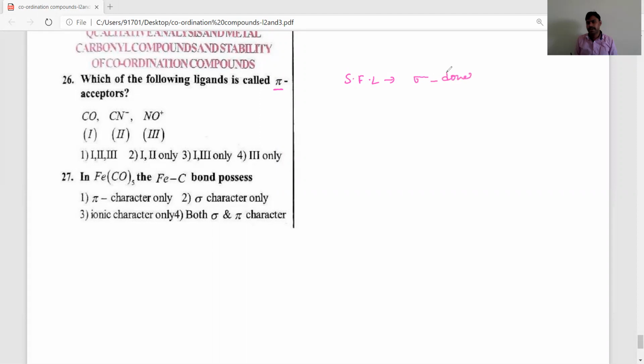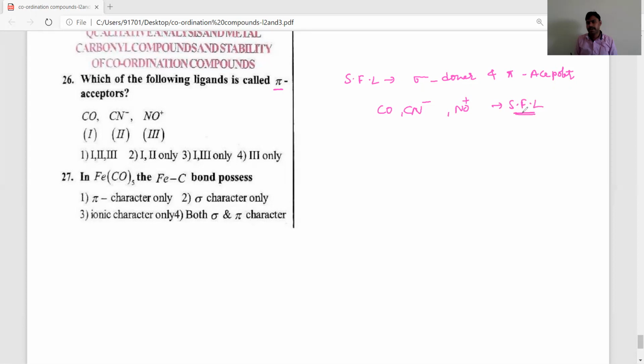Among them, CN, CO, CN minus and NO plus are all strong field ligands only. So CO, CN minus and NO plus are strong field ligands, and these strong field ligands are sigma donors and pi acceptors.